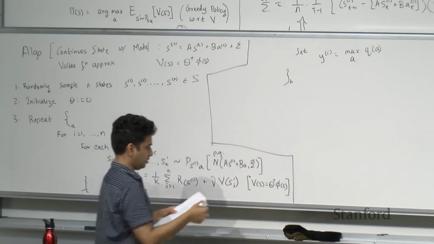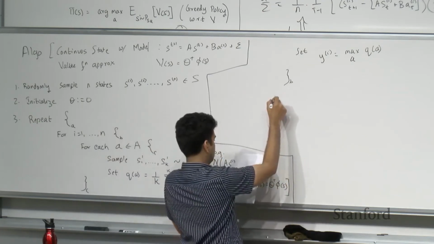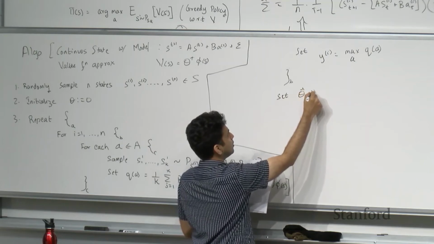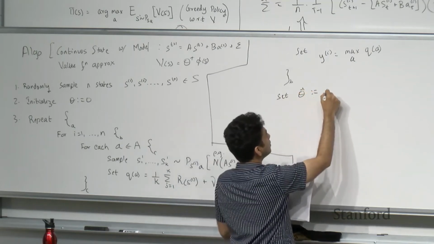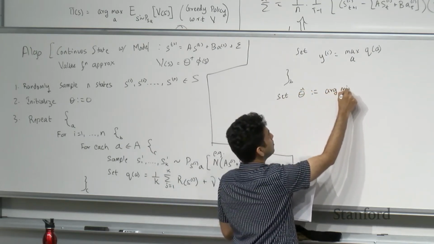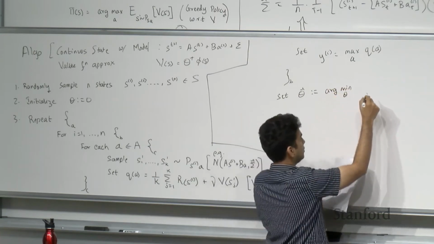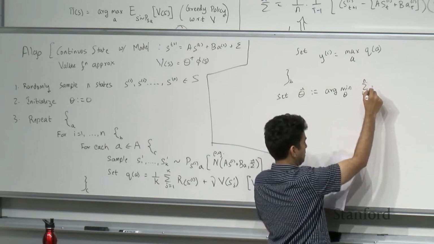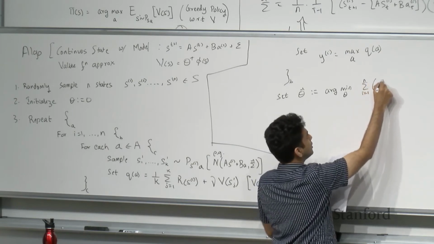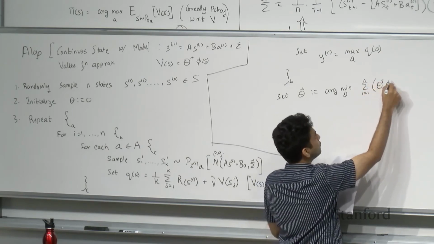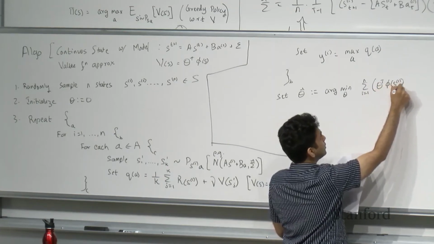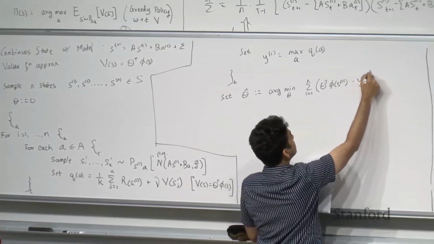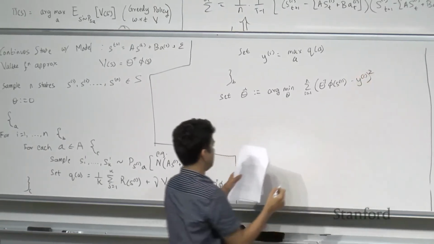And then set theta hat equals arg min over theta of the sum over i equals 1 to n of (theta transpose phi(s_i) minus y_i) squared.